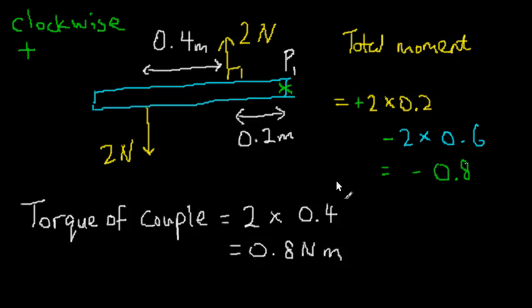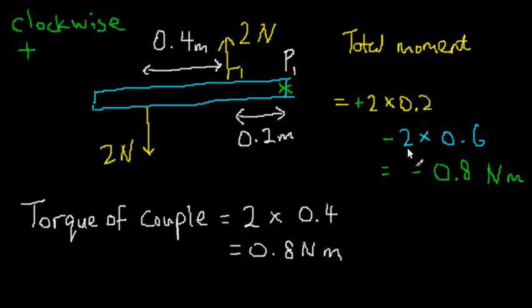Moment has units of force times distance, so that would be Newton meter, just like the torque. Minus 0.8 Newton meter. So the total moment is a turning effect in the minus direction, which means in the anti-clockwise direction, as we would expect of these 2 forces.